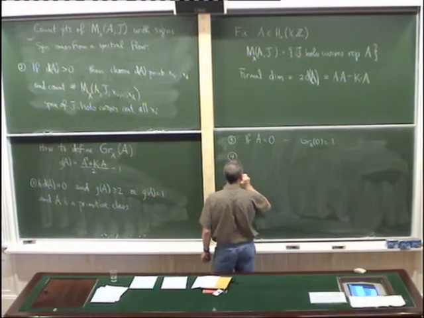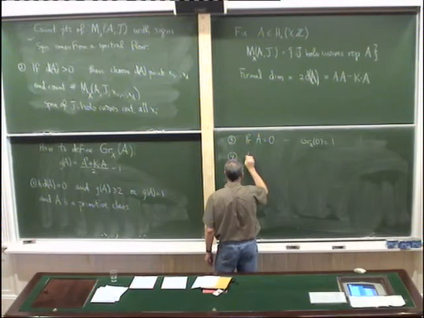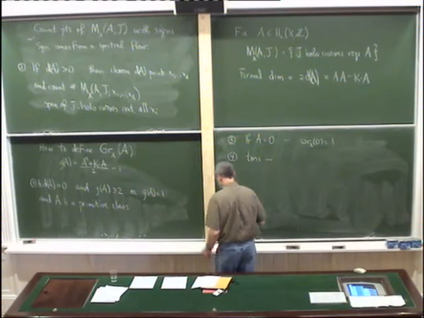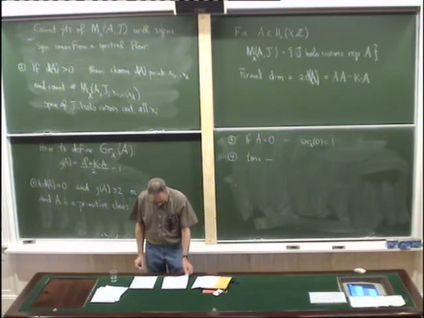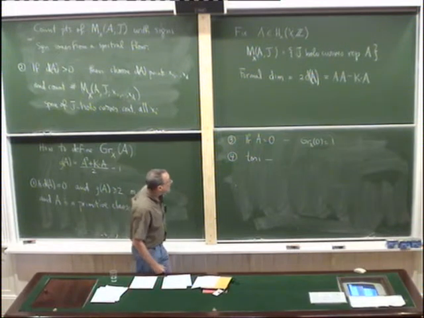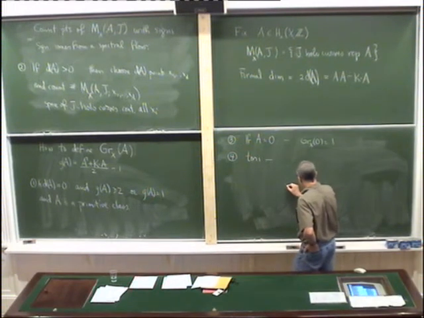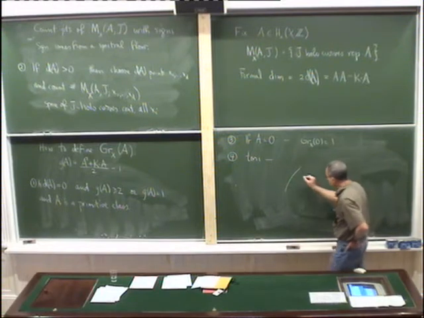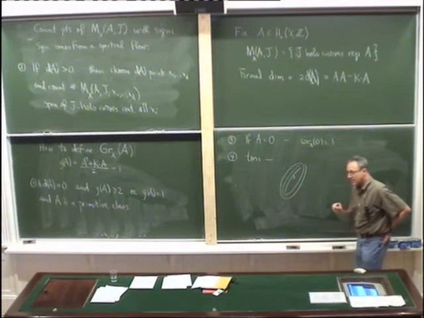Finally, these tori that aren't primitive. Here's the problem. Suppose you have, I don't know how to draw this, a torus representing a class B, and perhaps the torus A covers it locally.